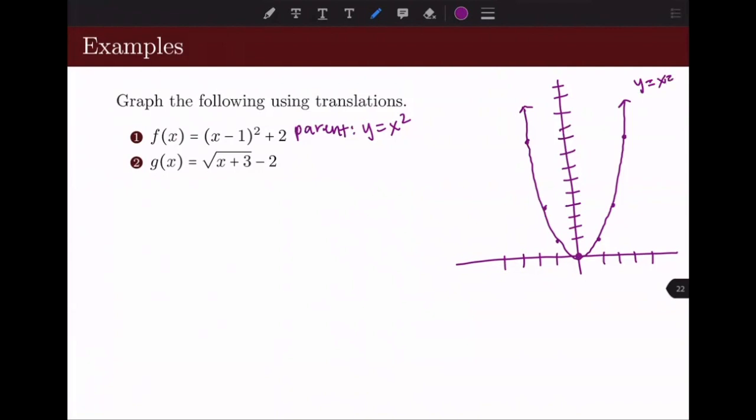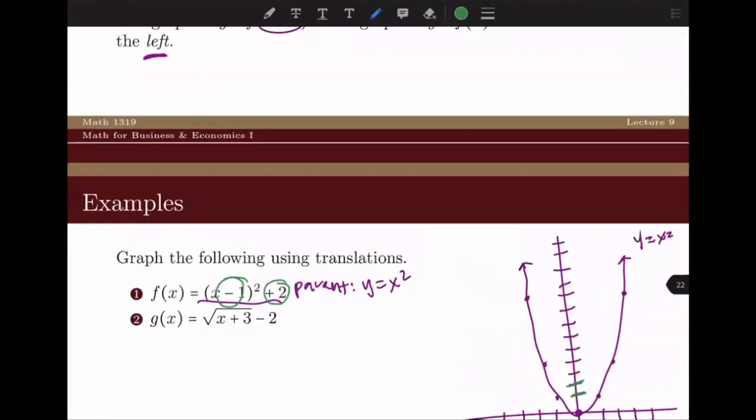Now what I want to do is graph this function using the translations that we discussed on the previous slide. First, I know I'm going to go up 2. If I shift any point, I like to pick the vertex, which is here. If I pick this point and move it up 2 units, 1, 2, I would be here. However, it's also a minus 1.